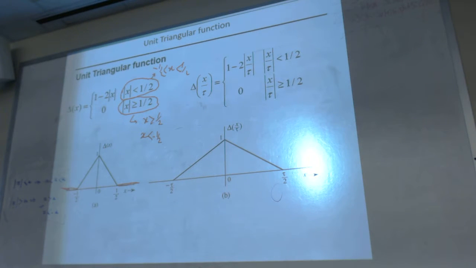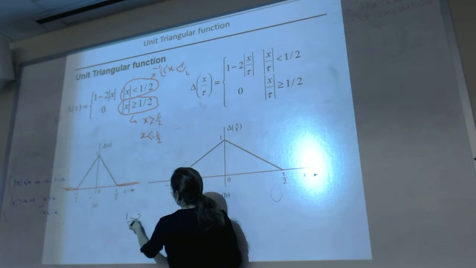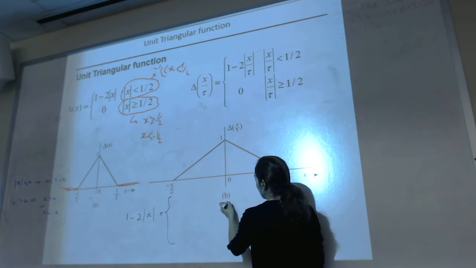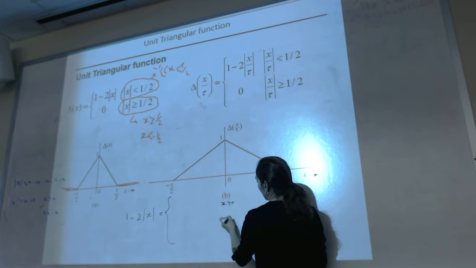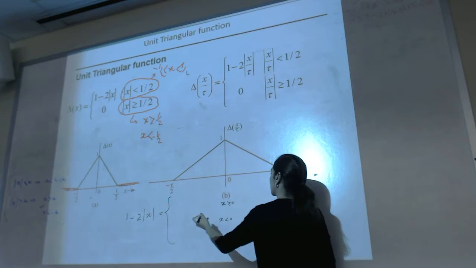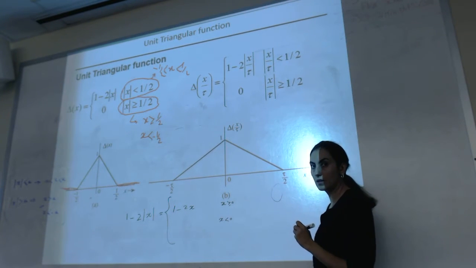Now, on this condition, between minus half and half, again you have absolute value here, so let's look at this. If x is positive, what do I get? Usually when you have an absolute value, you have to look at whether it's positive or negative. So 1 minus 2 absolute value of x: if x is positive, I get 1 minus 2x. If x is negative, is it the same?